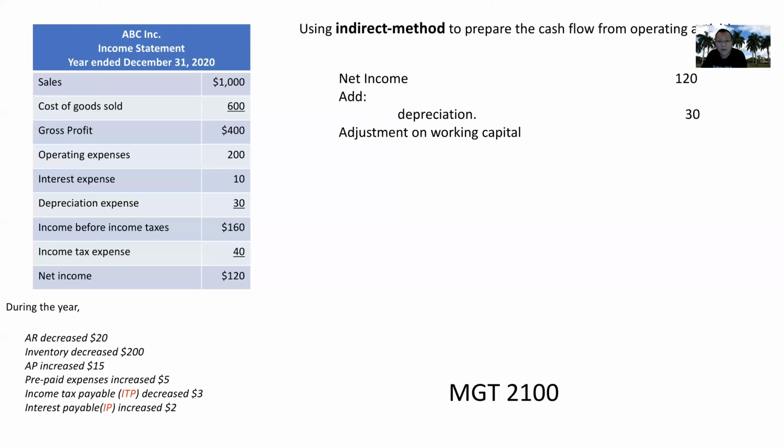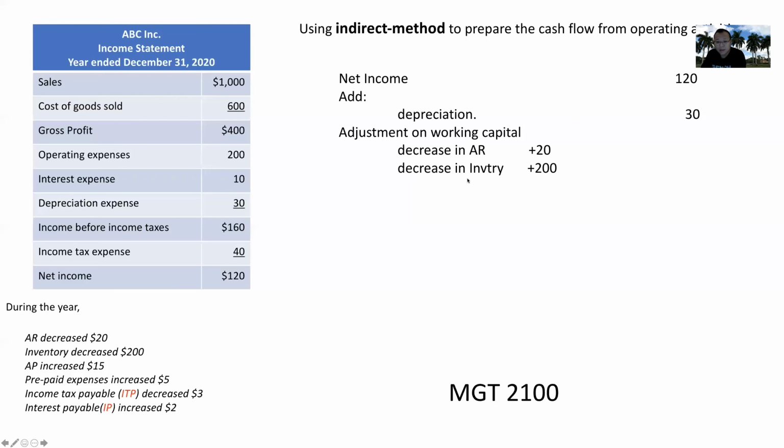Okay, so we have a decrease in accounts receivable. So your balance of accounts receivable decreased. That means you are collecting accounts receivable, so you are converting AR to cash. So if the balance of accounts receivable decreased, that means your cash will increase by 20.